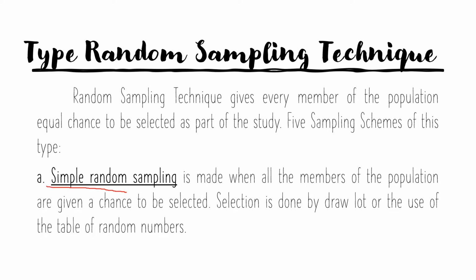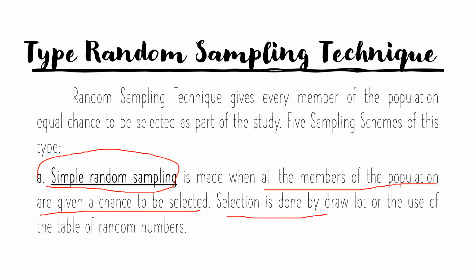First is simple random sampling. It is made when all the members of the population are given a chance to be selected. So what we need to take note of for simple random sampling is that all members of the population are given a chance to be selected.